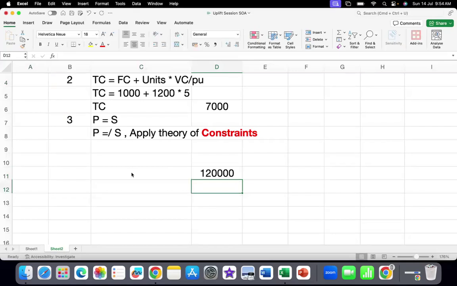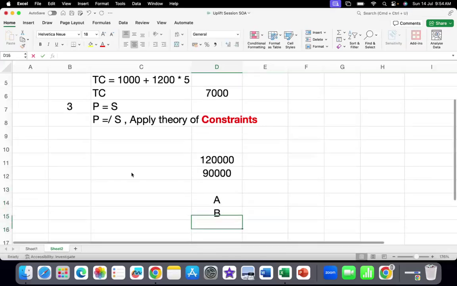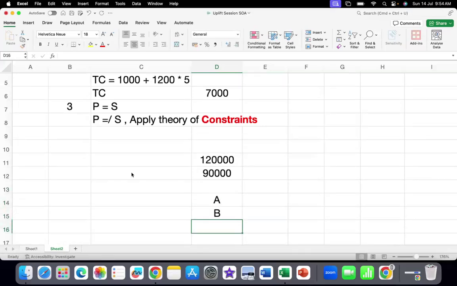But currently we can only produce 90,000 units, and we have got two products. These are our master products. We can only use our factory to produce 90,000 units, because the moment we go above 90,000, there's a chance that the machine would break down.